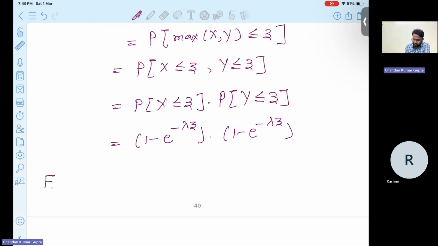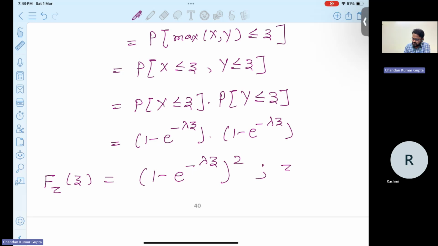So F_Z of z is nothing but (1 minus e to the power minus lambda z) whole squared, for z greater than 0. Okay.